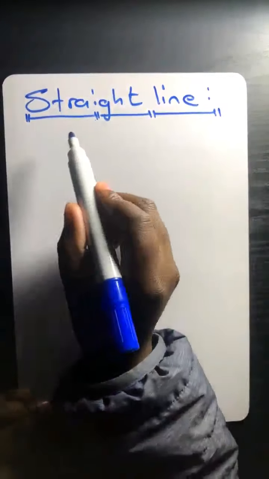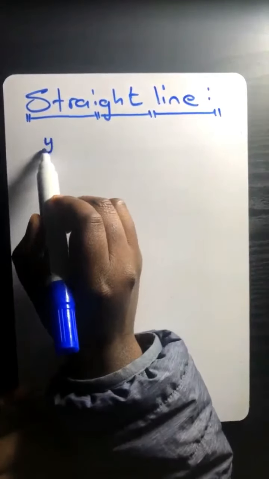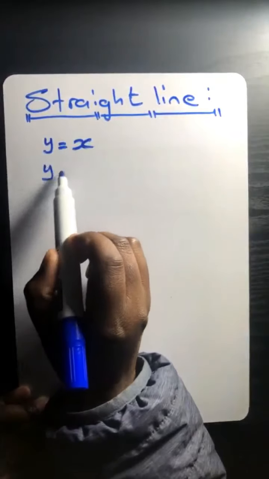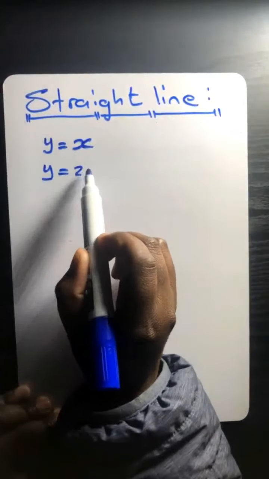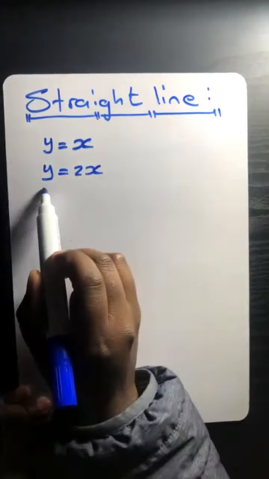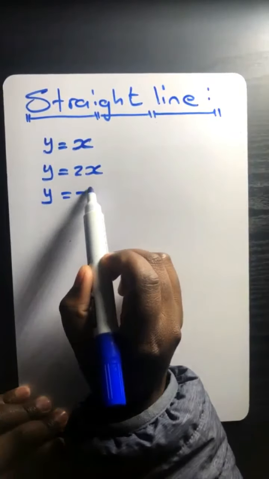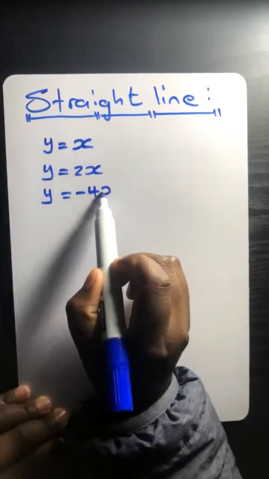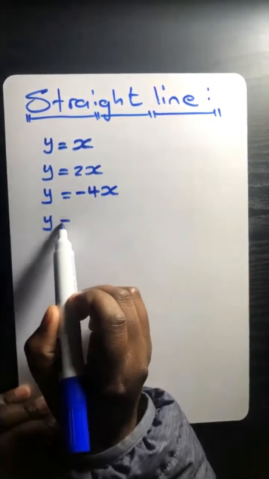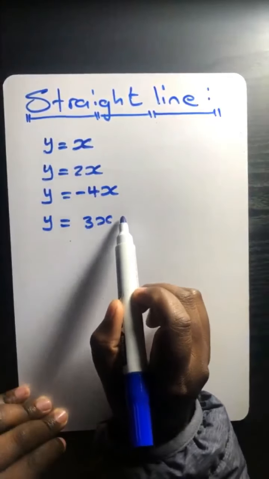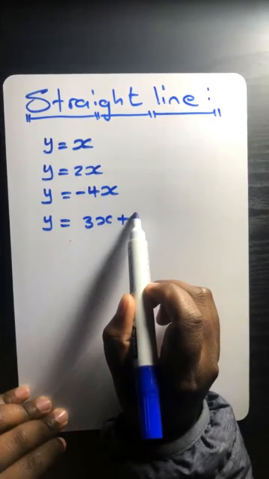So let me see. Let's say we are given y equals x, and again we are given y equals 2x. y equals negative 4x. y equals 3x plus 2.